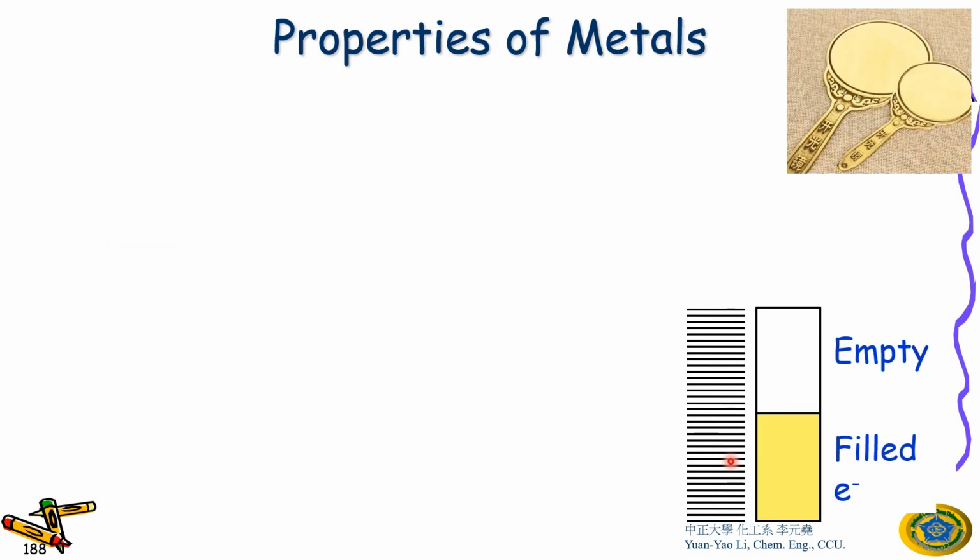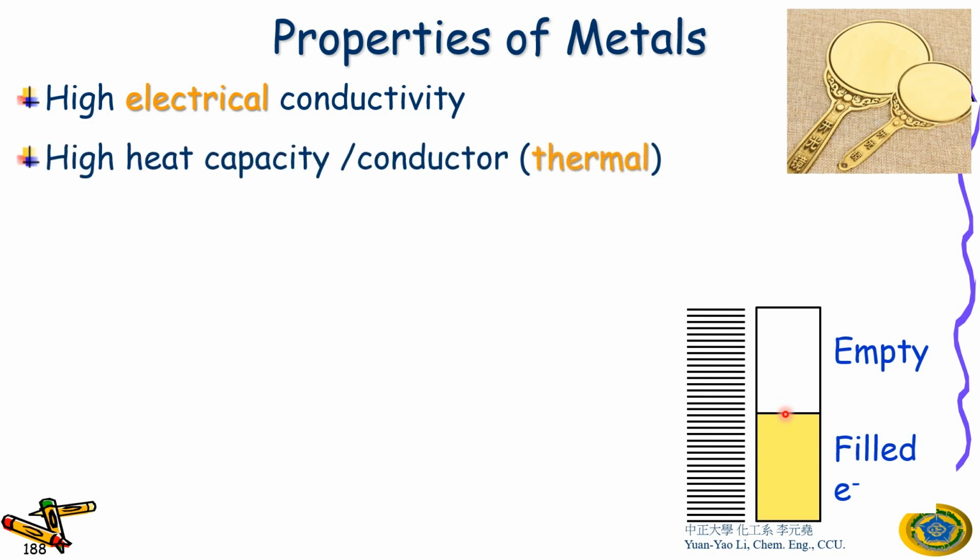So the property of the metal, as you can see, is high electrical conductivity. Why? Because the electron can jump from the bonding molecular orbital to the anti-bonding molecular orbital with a very tiny energy, right? So this has a very high electrical conductivity. And not only this, but metal also has a very high thermal capacity.